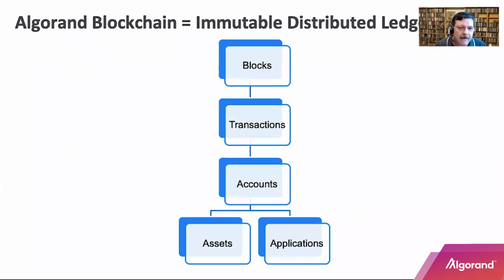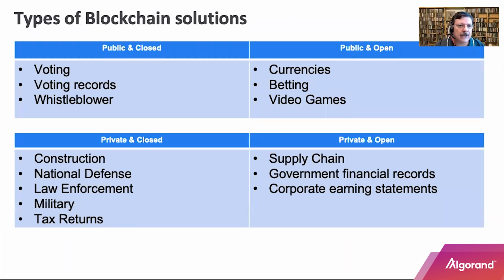And what we have then is transactions between accounts, the sender and receiver. And each account also has relationships and holds assets as well as applications, both in the opt-in and creation varieties. And that's really it. That's a very, very simplistic view of what the data is on the blockchain.